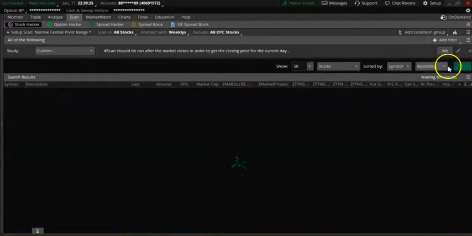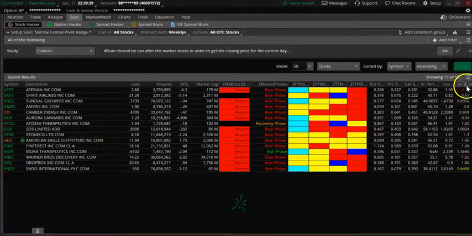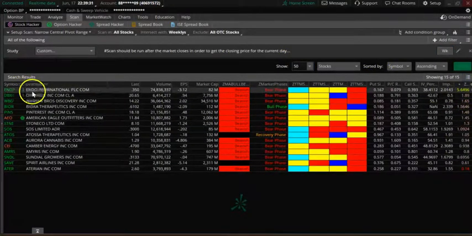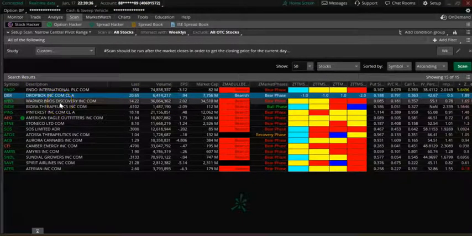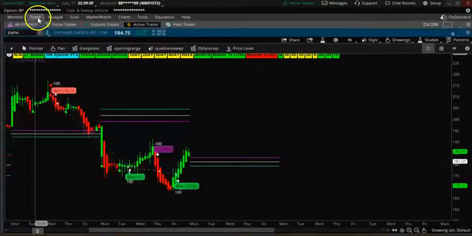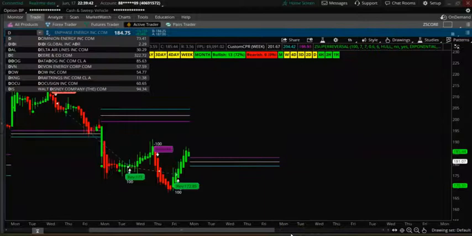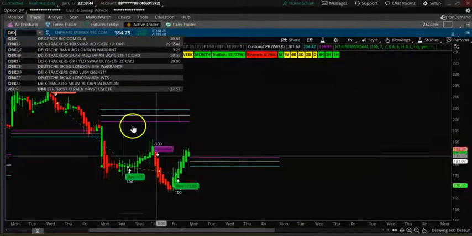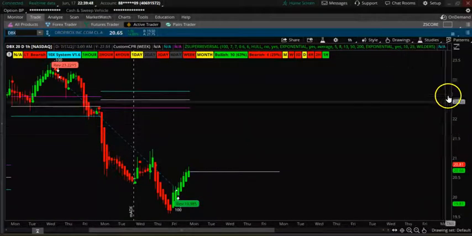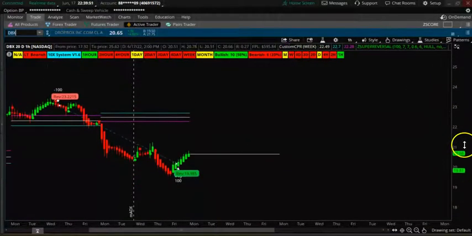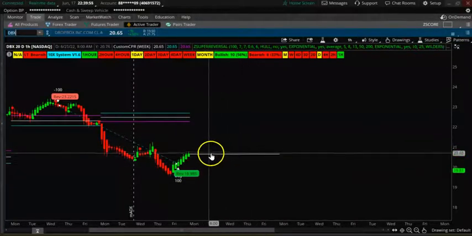I don't want that. So we end up with pharma, which are very low price stocks. DBX. Look at DBX.